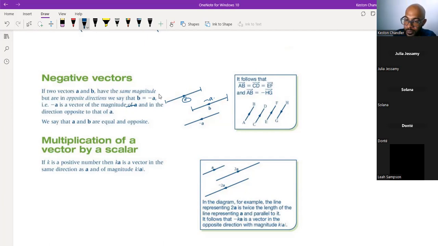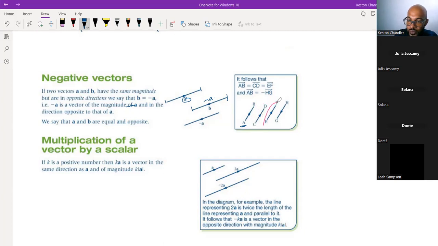So for example, if we are using the head and tail method, where we're talking about the starting and ending point, right? AB and CD, these two vectors here, they are equal because they're the same length and they're going in the same direction, right?